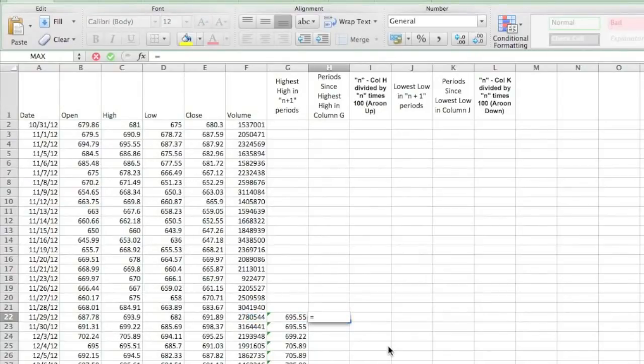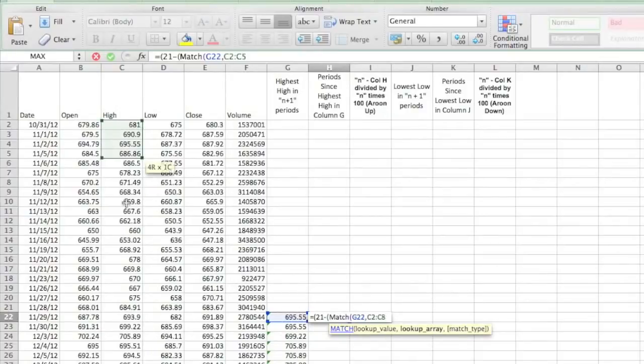It's n+1, so in this case 21, minus a match function. We match this value here, comma, then highlight where it is to be found, comma, and then 0.